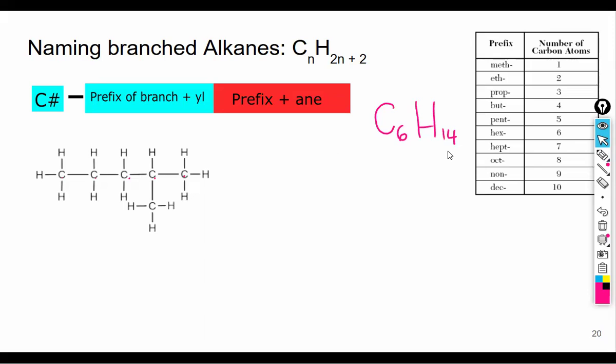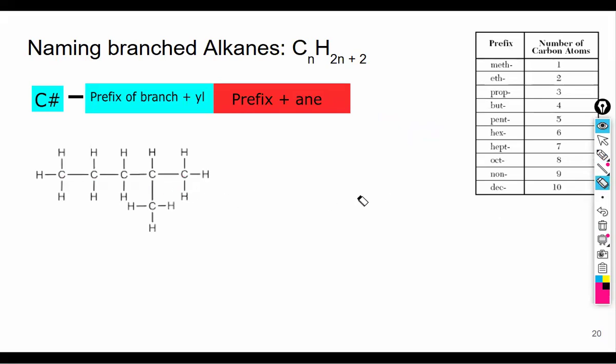You're getting what? 14, right? So yes, it's still an alkane. And it's also an alkane for further good reasons. You notice it has no double bonds. All the bonds, anywhere you see, there's only single bonds. There's no such thing as a double bond in anything here.